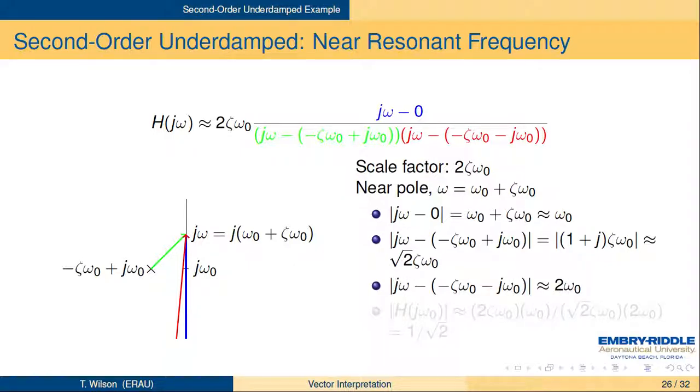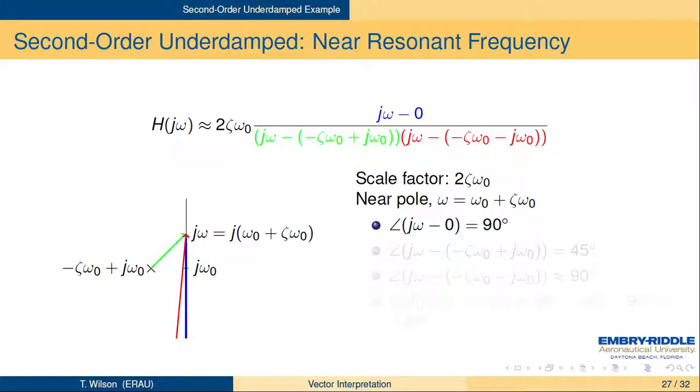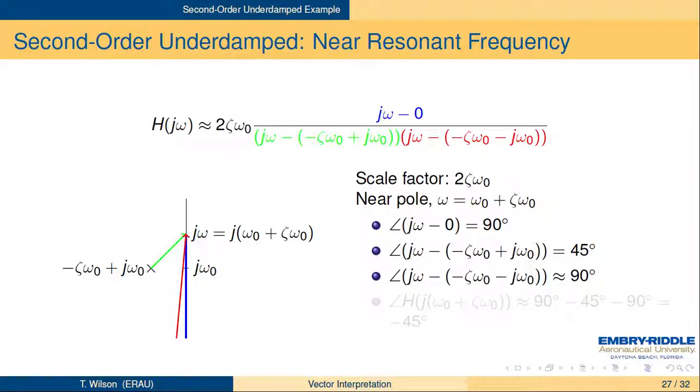The length of the vector from the pole with negative imaginary part is 2 omega naught still, and so the magnitude turns out to be 1 over root 2. The angle of the vector from the 0 is 90 degrees. Angle of the vector from the positive imaginary part pole, 45 degrees now, and the angle of the vector from the negative imaginary part pole remains at 90 degrees.